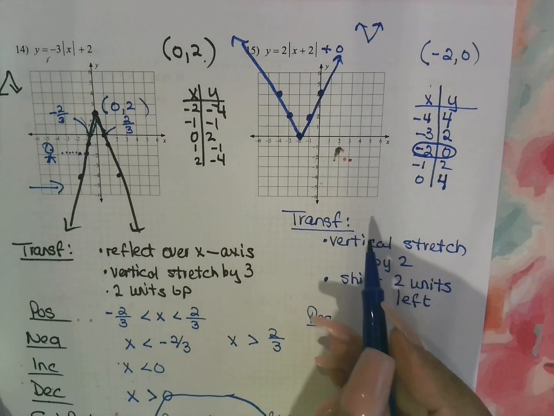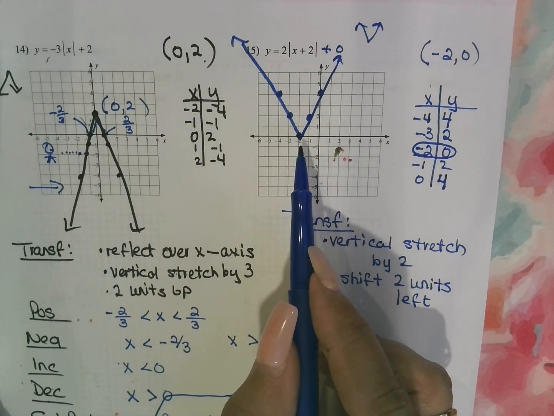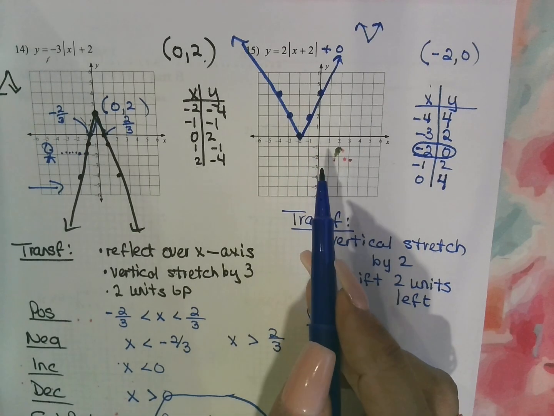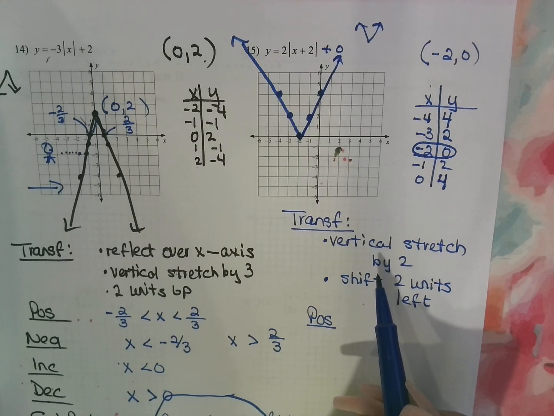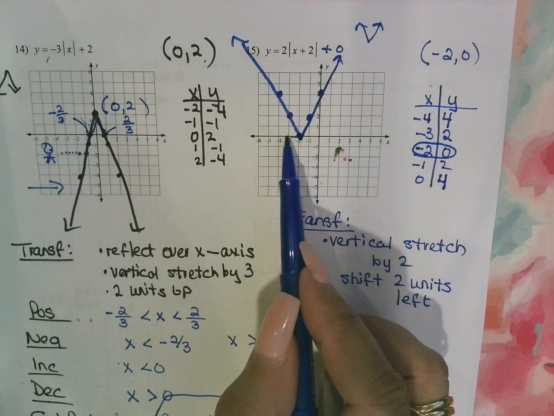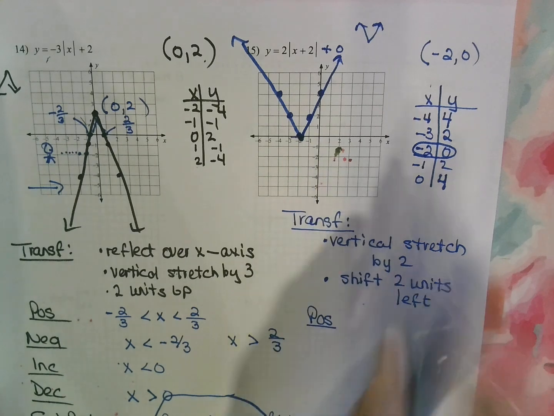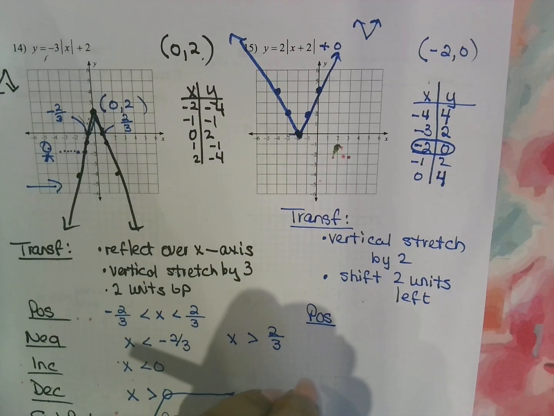Where is the function positive? Well, this one's a little, I'm going to say, because the function here is technically on the x-axis, so it's neither positive nor negative, this particular point. The rest of the function is positive everywhere.